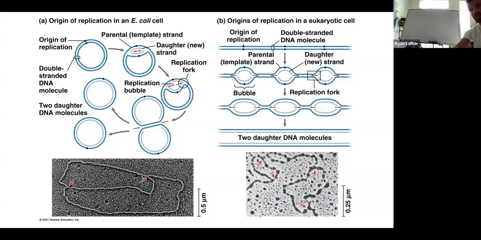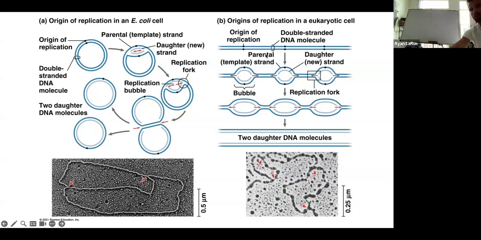On the other hand, in eukaryotes like us and our cells, our DNA molecules are much larger. Our chromosomes, rather, can be upwards of 10 times as big. In the case of a DNA molecule inside eukaryotic cells, they're linear. And there's actually multiple origins of replication.